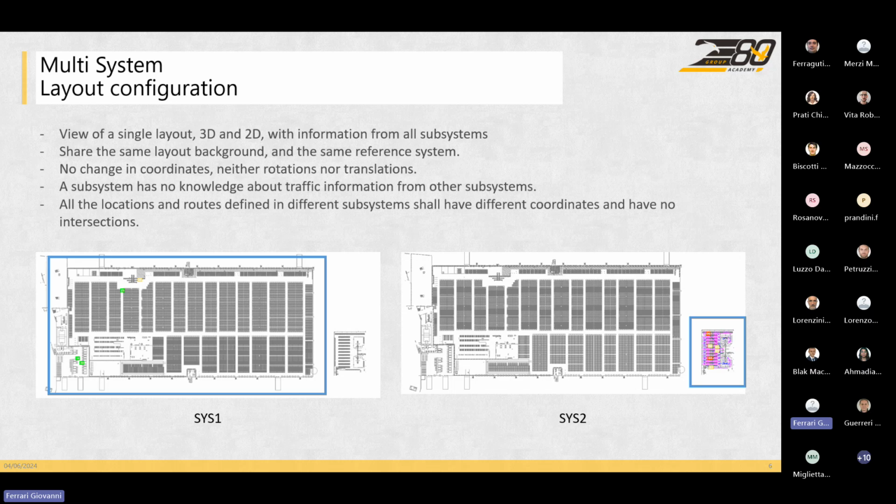Okay, so this means that the configuration we do on each subsystem must be physically separated, so we cannot have crossing or overlapping between the routes, the segments that we define in the two systems. So we cannot have intersection. Okay.